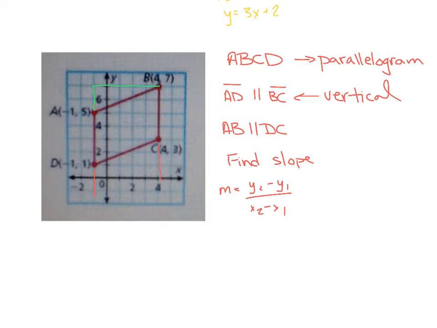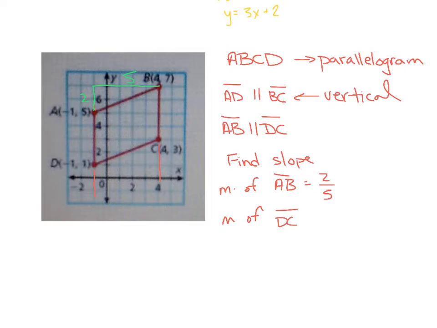And we rise 2, and we run 1, 2, 3, 5. So our slope of AB equals 2/5.